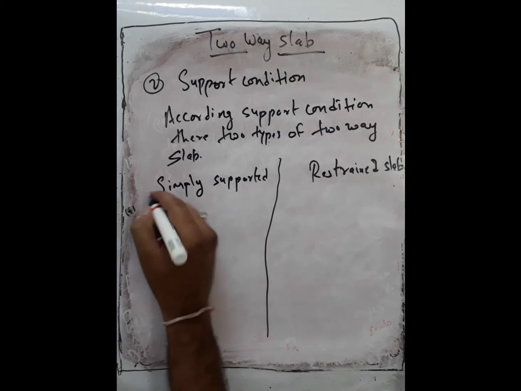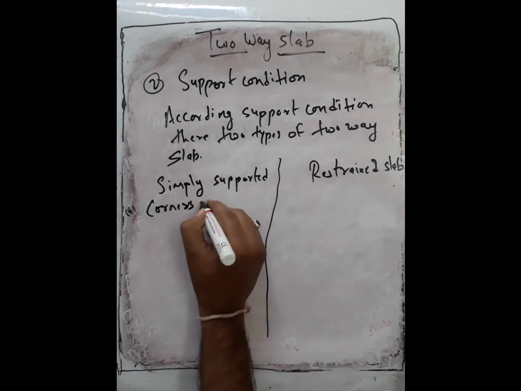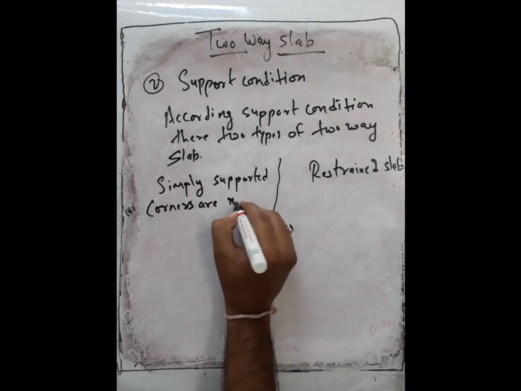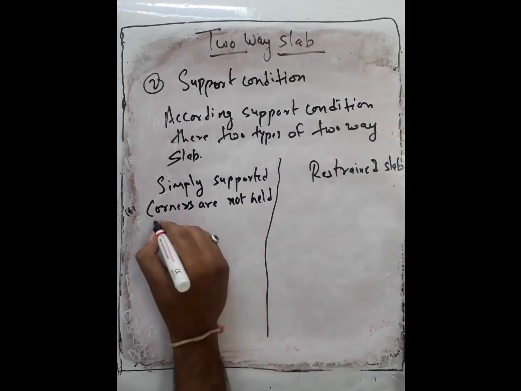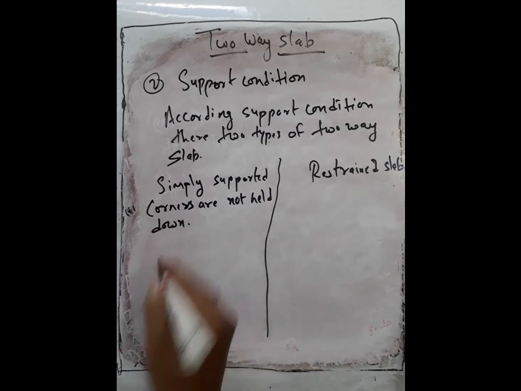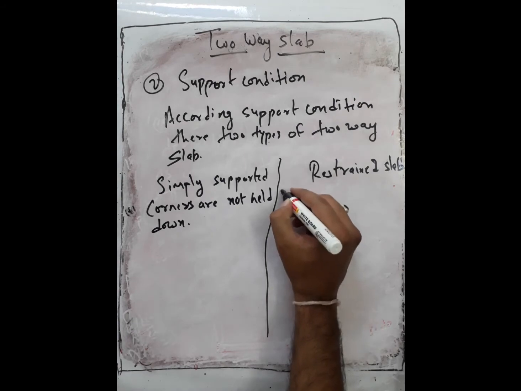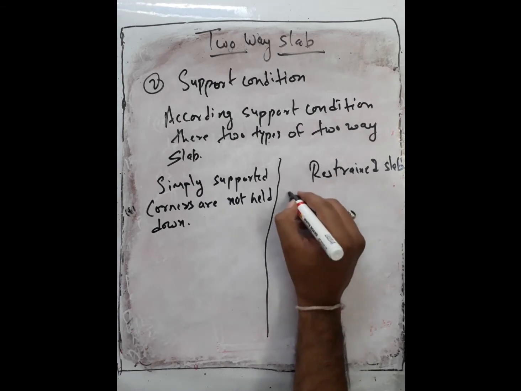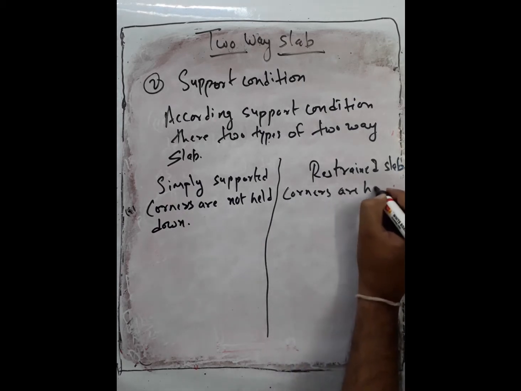Point number A, in simply supported slab, corners are not held down. Means when we applied load on a slab, then the corners of the slab are lifted upwards in case of simply supported. But in restrained slab, corners are held down.